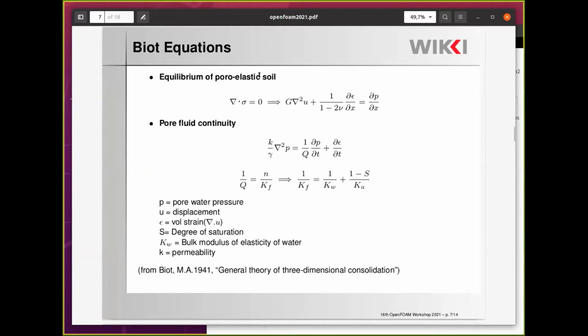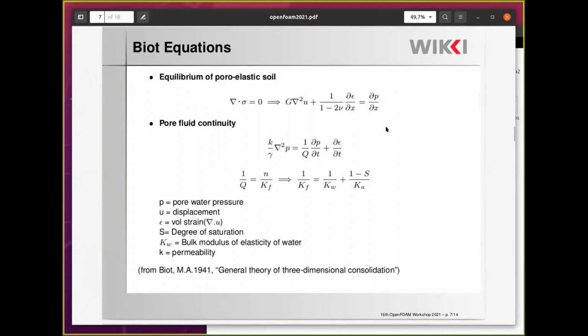For that, we have the Biot equations, in which we have two different equations. One is for equilibrium of the poroelastic soil. To solve for equilibrium, the stresses in each direction should go to 0. The left-hand side term is due to the stress-strain relationship of the elastic material, and the right-hand side term is due to the normal pore water pressure in the normal direction.